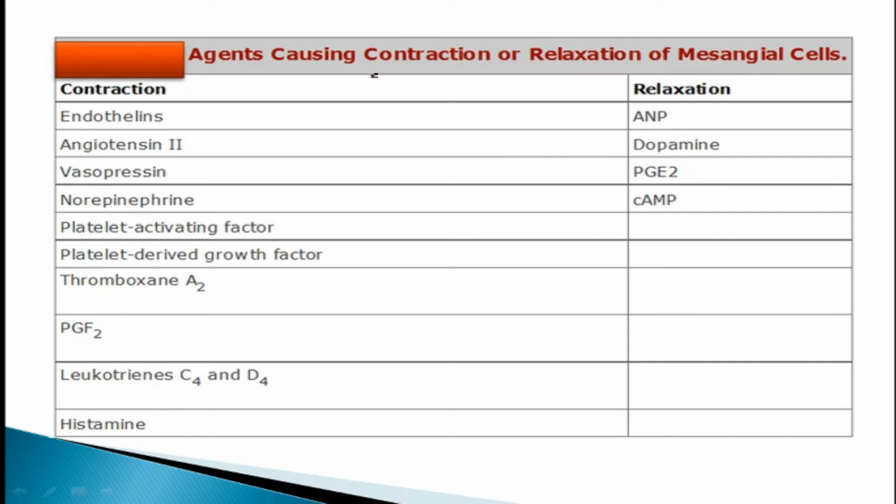On the other hand, whenever the mesangial cells relax, they will increase the surface area of the glomerular capillaries. Among the factors causing contraction, angiotensin 2 is a very important one to remember, and among the factors which cause relaxation, it is important to remember ANP, PGE2 and cyclic AMP.